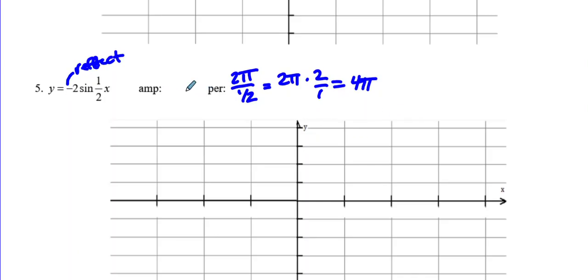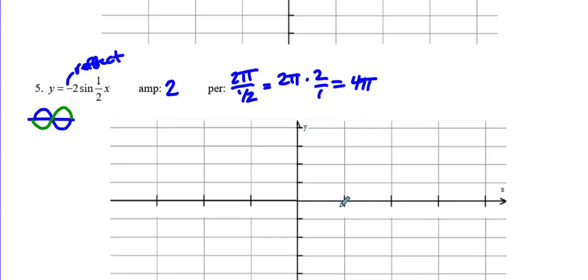And the 2 will change your amplitude to 2. We're doing a sine graph, and sine is midline, up, midline, down, midline. But it's flipped, so it's going to look upside down. It's going to go midline, down, midline, up, midline.